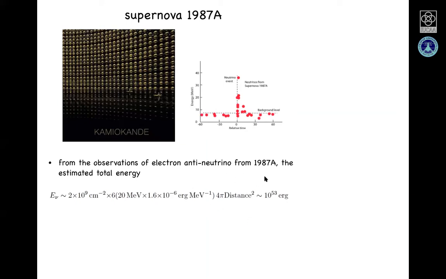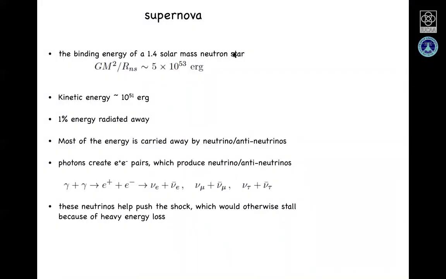And then if you multiply by 4 pi r square, the distance, you would give the total energy involved in this explosion carried by the neutrinos, and that turns out to be of the order of 10^53, which is very close to the theoretical estimate of the total energy involved in making the neutron star, which is released as supernova. So that makes us believe that the basic physics is correct from these observations.